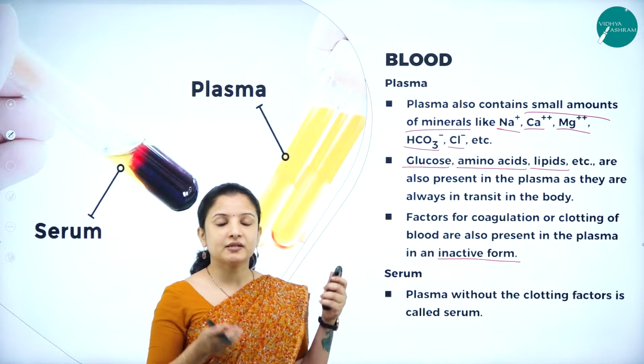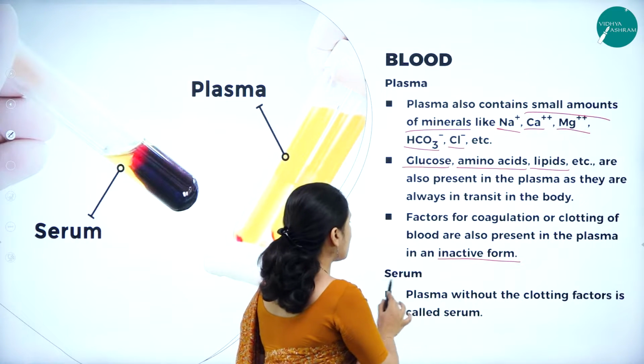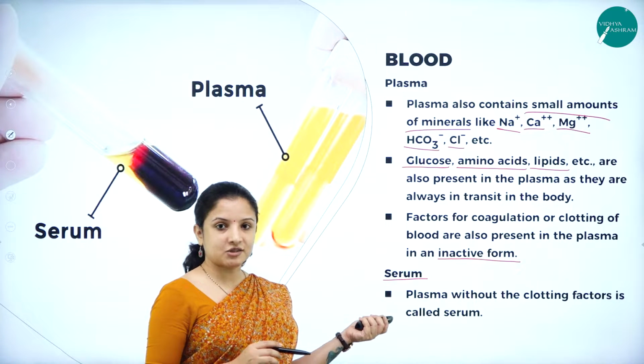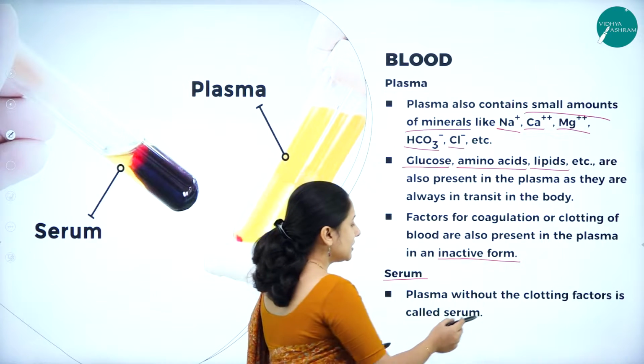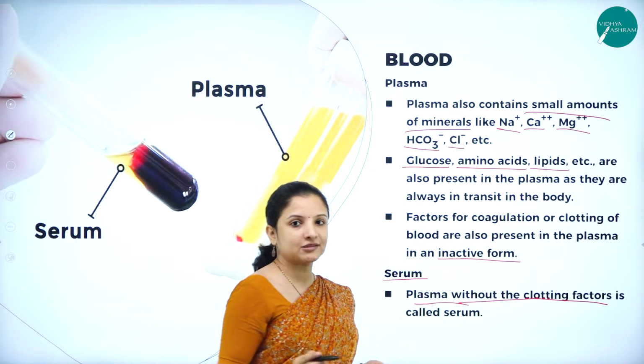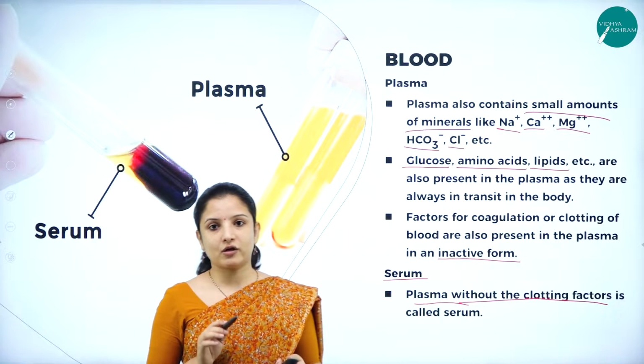Apart from plasma, the blood also contains a colorless component which is called the serum. So serum is also a form of plasma, but the only thing is serum does not contain any clotting factors. So the plasma which does not contain any clotting factors is called the serum.